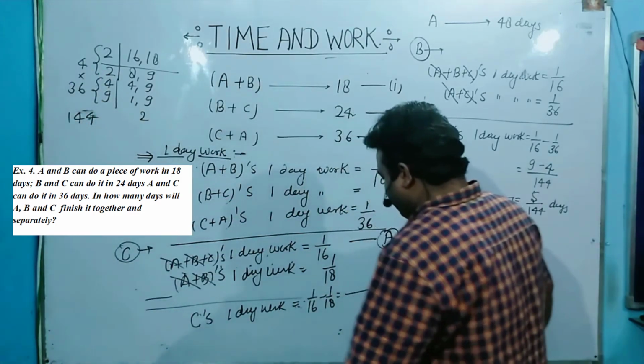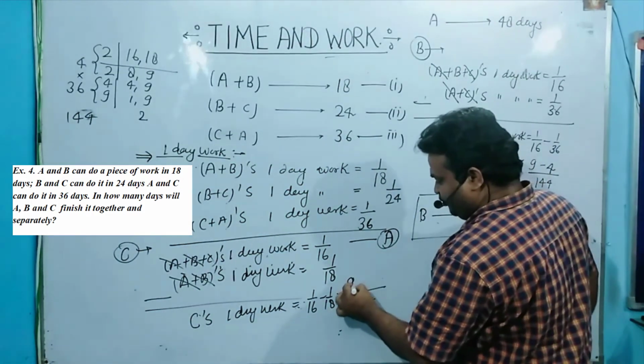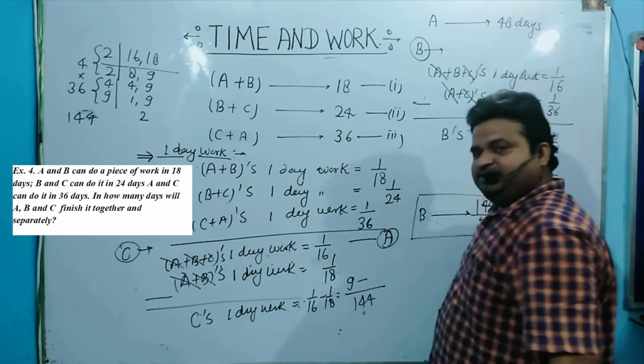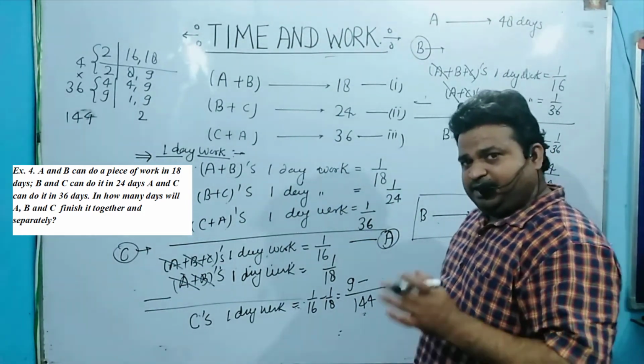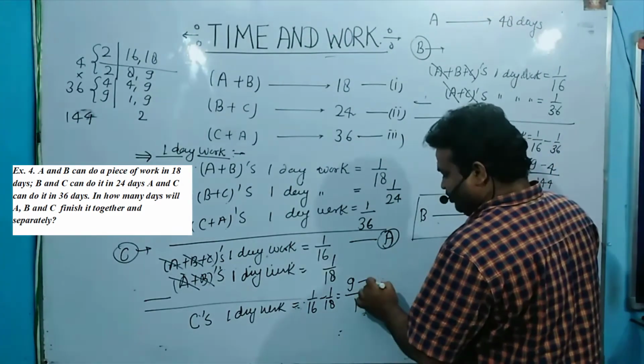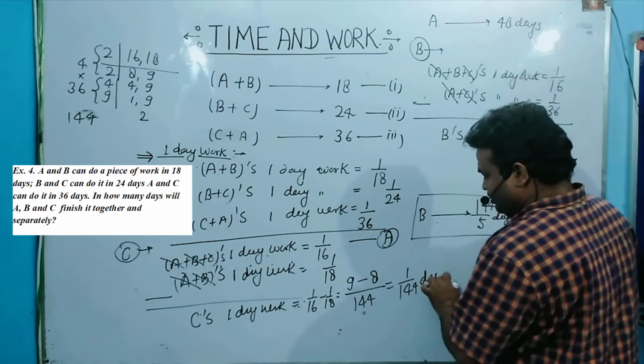So again we will have 144 as your LCM. So 16 9s are 144, so I put 9, and 18 8s are 144, so 8. 9 minus 8, you are left with 1 divided by 144 days.